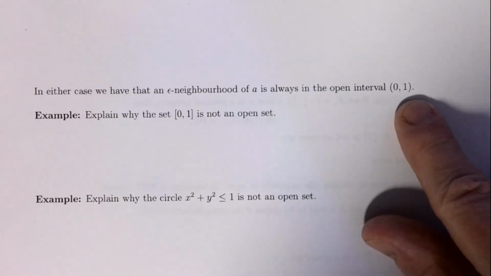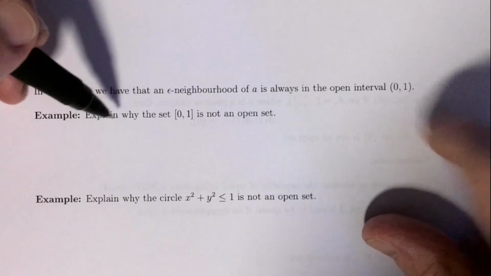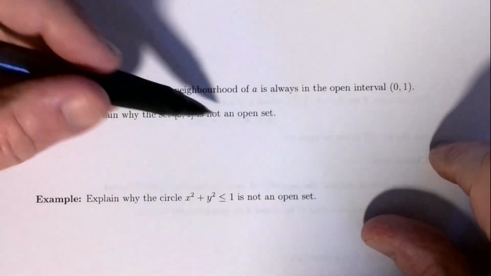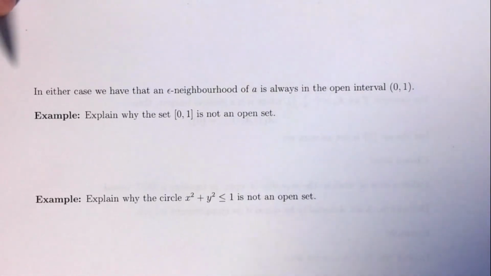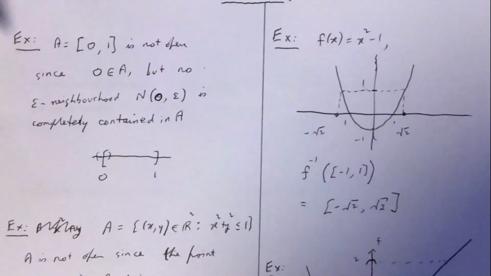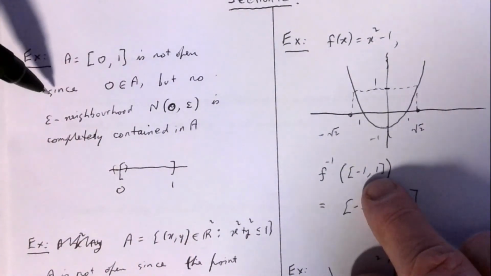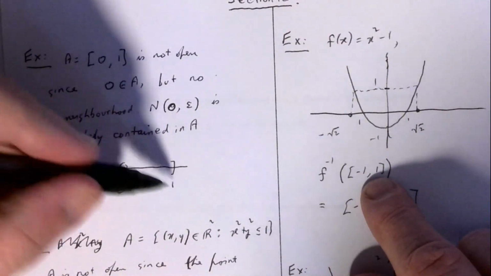On the other hand, if we take the closed interval [0, 1], this is not an open set. And let me just again go through a little explanation of that. So this is not open since, well, there's my interval.